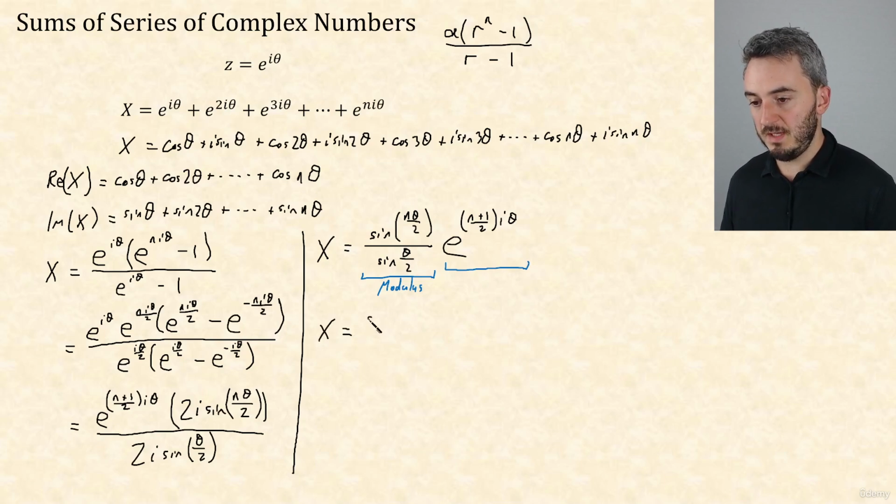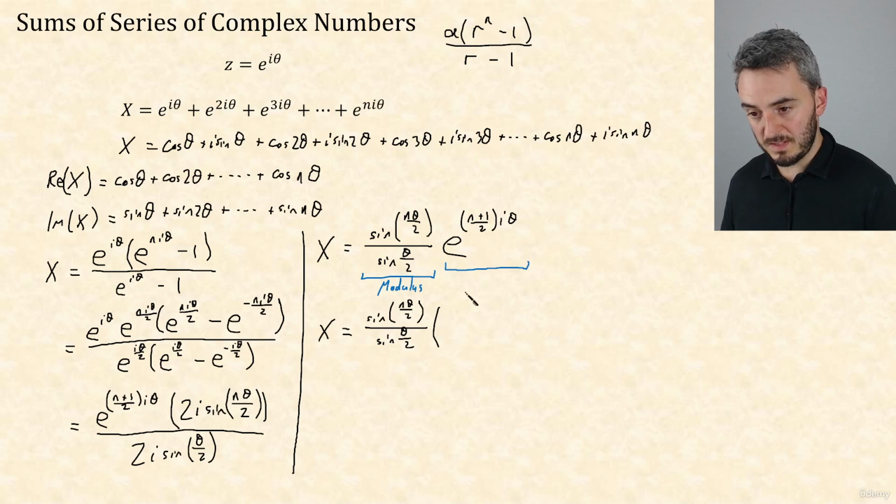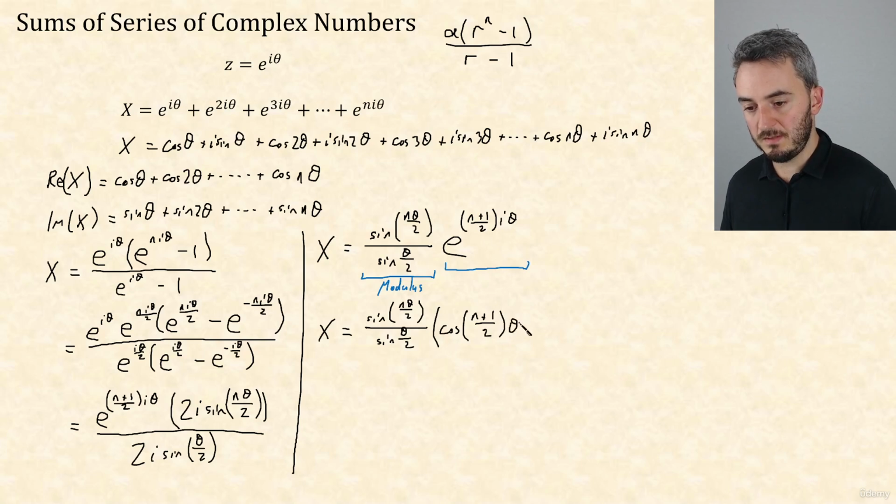The modulus is sine n theta over 2 over sine theta over 2. And if I split this part up using De Moivre's theorem, I have cos (n plus 1) over 2 theta plus I sine (n plus 1) over 2 theta.